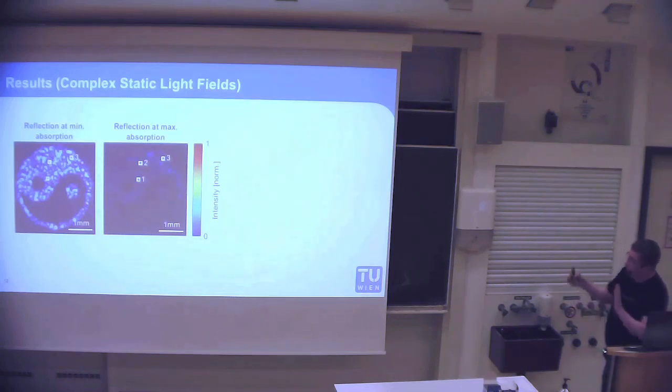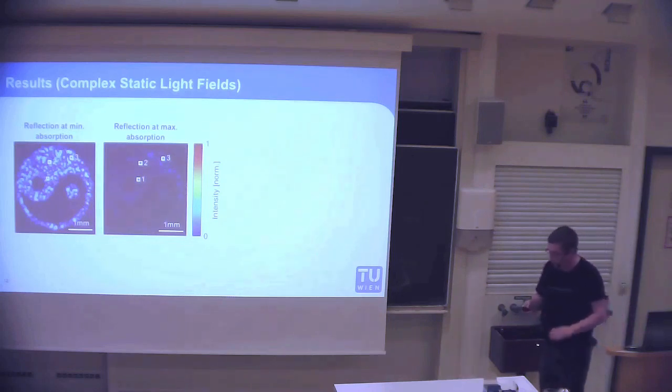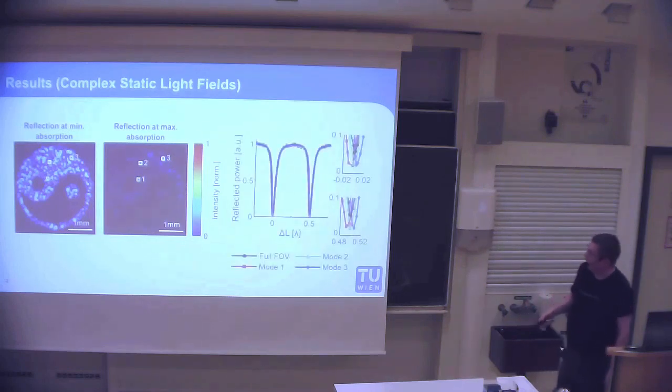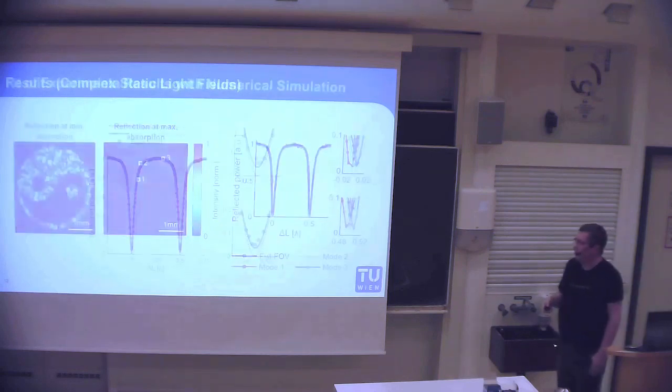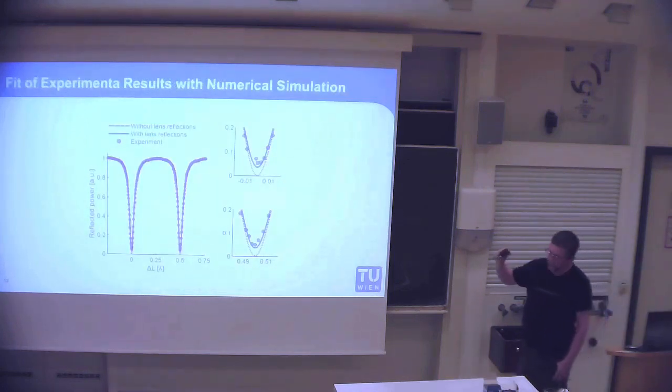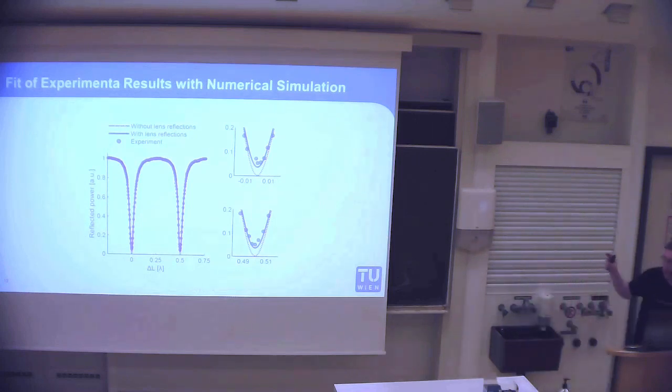But if the cavity is tuned for maximum absorption, then it gets almost perfectly absorbed. Not only the single speckles or spatial modes, but also the whole field of view. It's almost perfect. There's some gap, but we perfectly understand where it comes from.